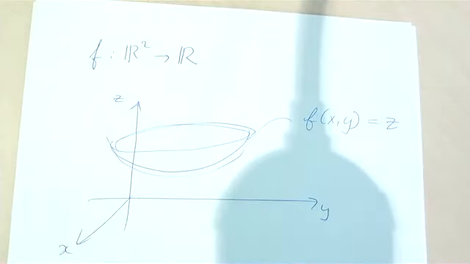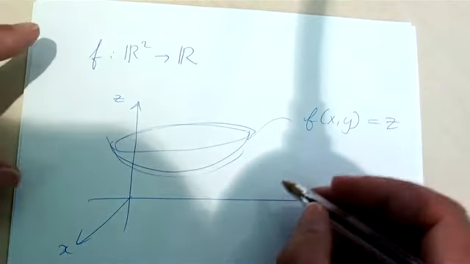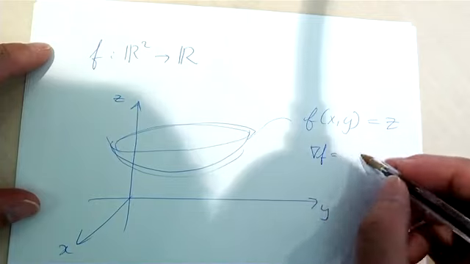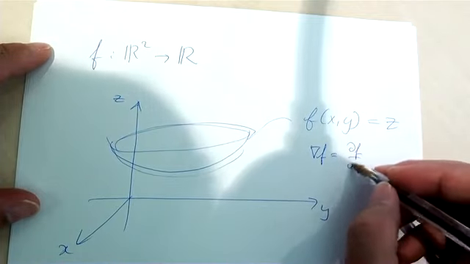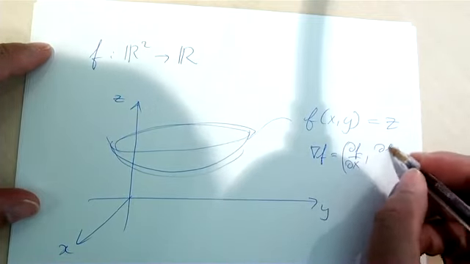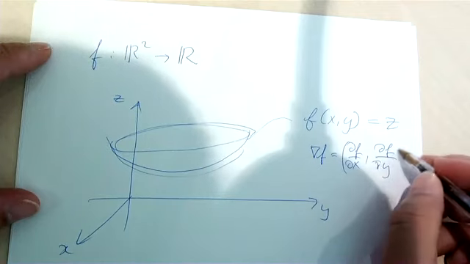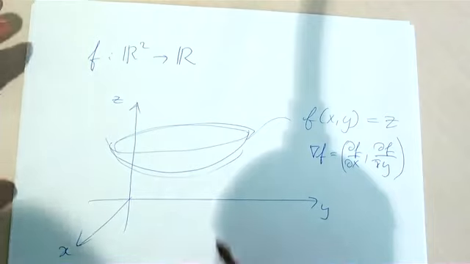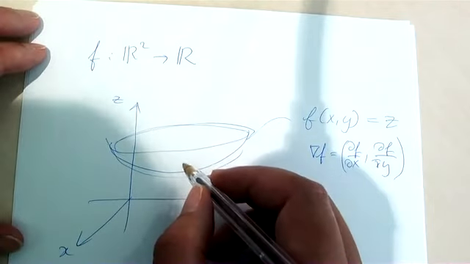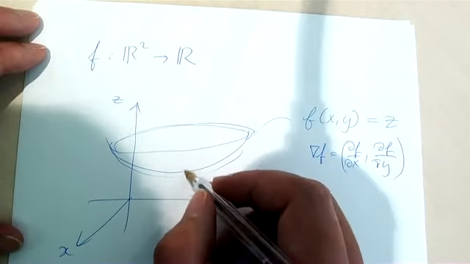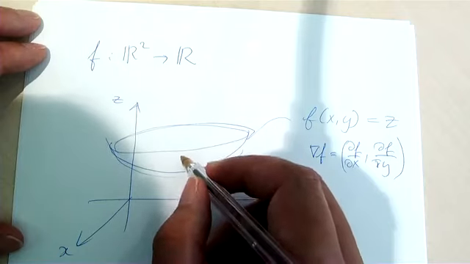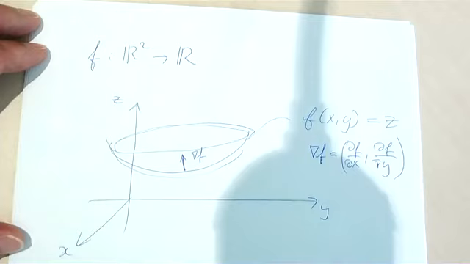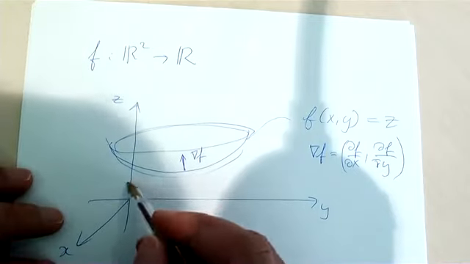And so there is a vector called the gradient. So gradient f is partial f with respect to x, partial f with respect to y. The gradient could point downwards, it could point upwards. Suppose it points upwards like this. So this is a gradient vector. Then you have a tangent plane.